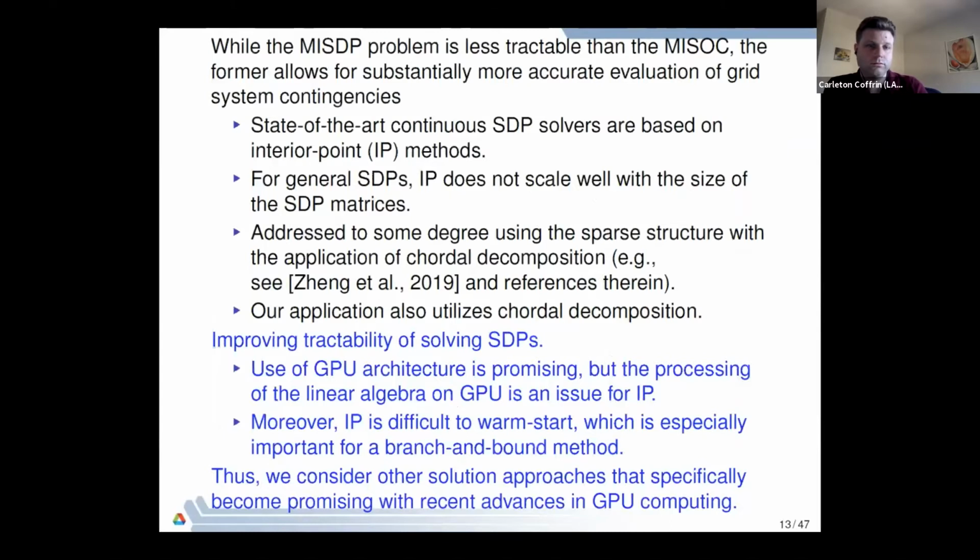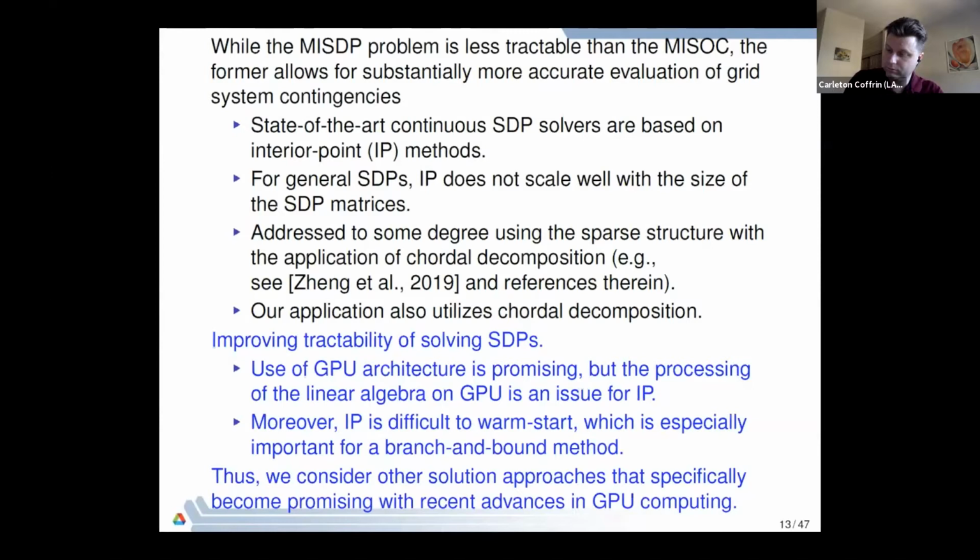With that in mind, in applying SDP relaxation, the state of the art is interior point solvers. But they don't scale well with the size of the SDP matrices. Although to some degree, this setback is addressed through chordal decomposition, which we also use. We would like to improve the tractability of solving SDPs.